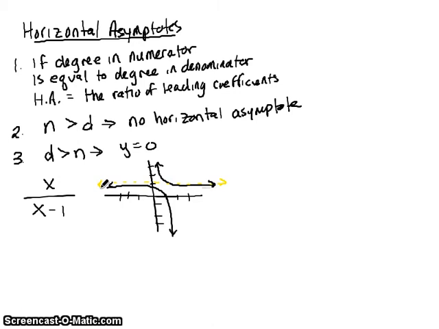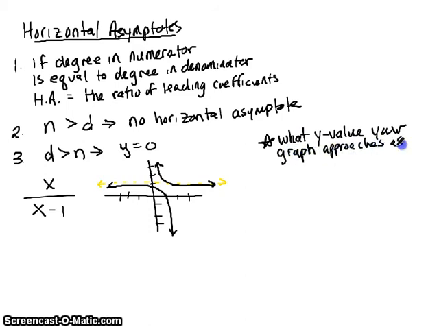And all a horizontal asymptote means is what y value your graph approaches as your x values go to positive and negative infinity.